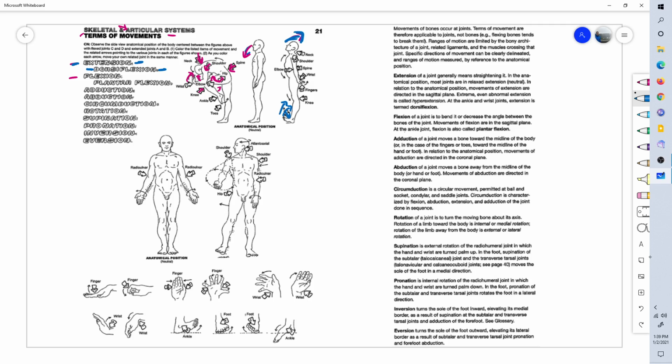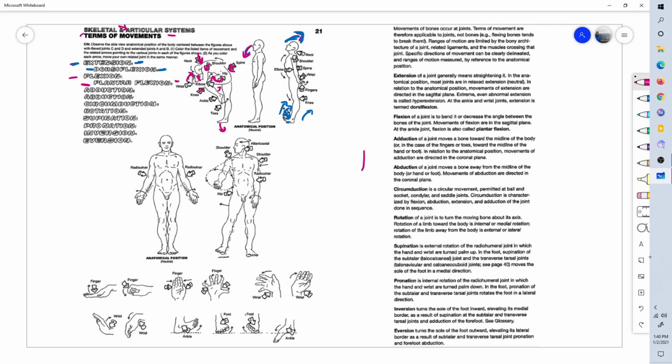Dorsiflexion, because this is the dorsum of the foot, and this is the plantar surface of the foot. Dorsiflexion up toward the shin bone. And the opposite of that is plantar flexion, which is bringing the toes downward. That's plantar flexion, toward the plantar surface of the foot.